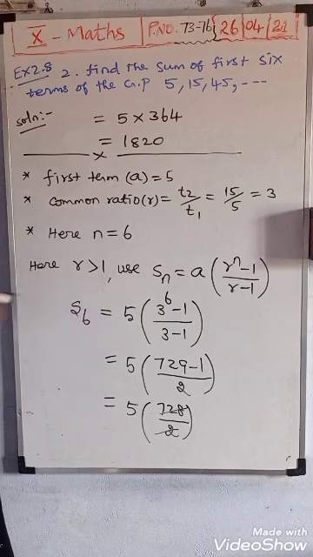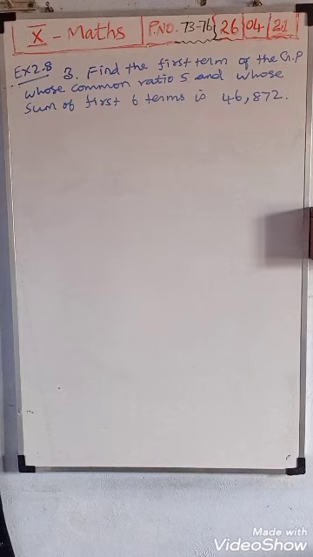Therefore, the sum of the 6 terms of the given GP is 1820. That's all.